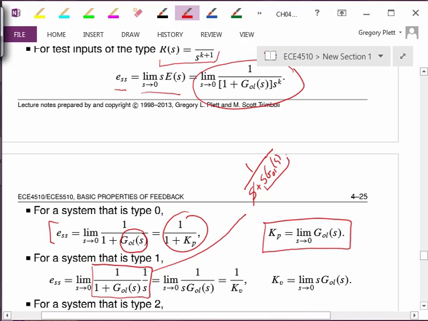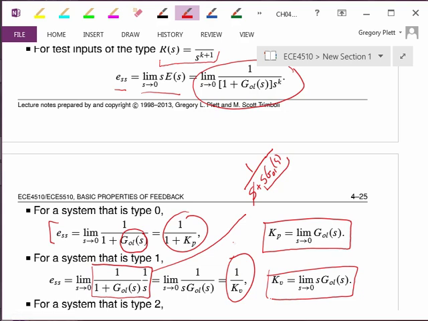And so we define the velocity error constant of a system, Kv, as the limit as s goes to 0 of s times G open loop of s, and that's all that's left in the denominator. So if this fraction is not 0, not infinity, then I have a type 1 system.